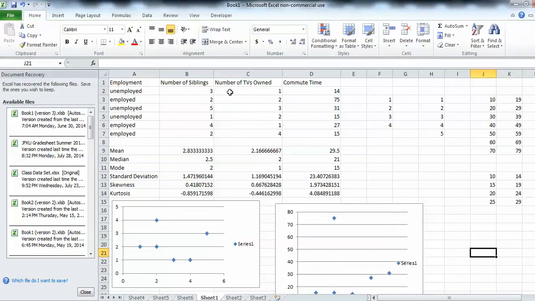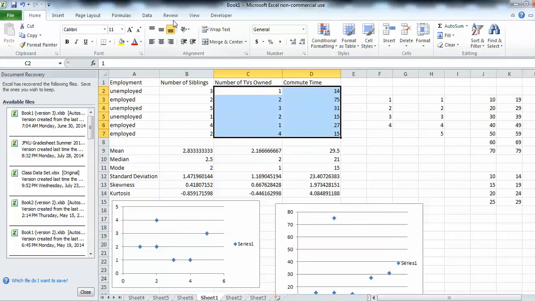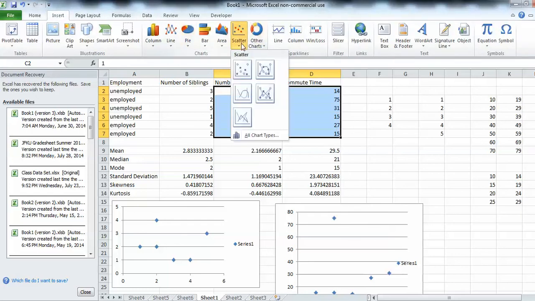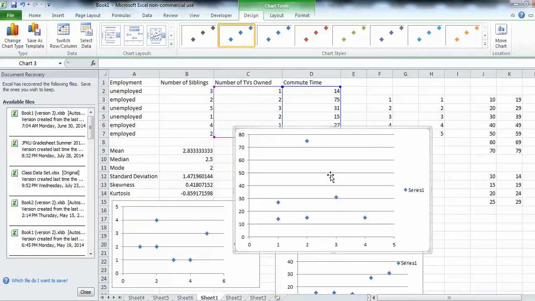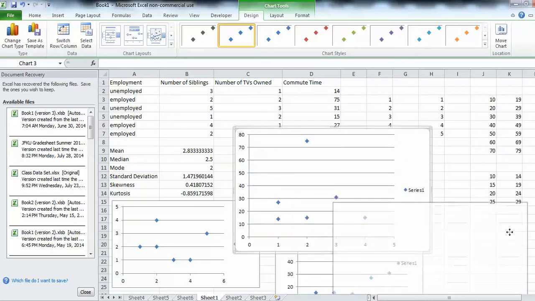Next I'll do TVs and commute time. I'll drag this down.